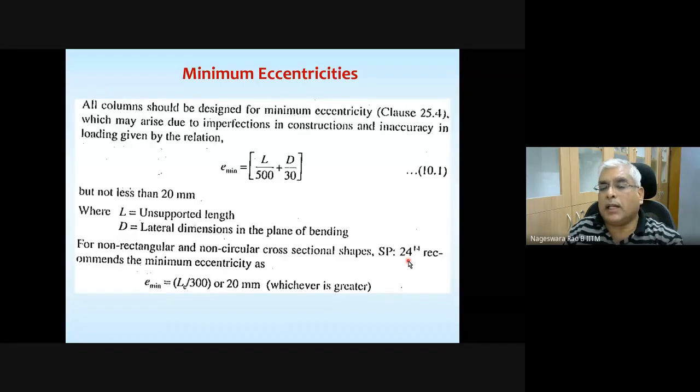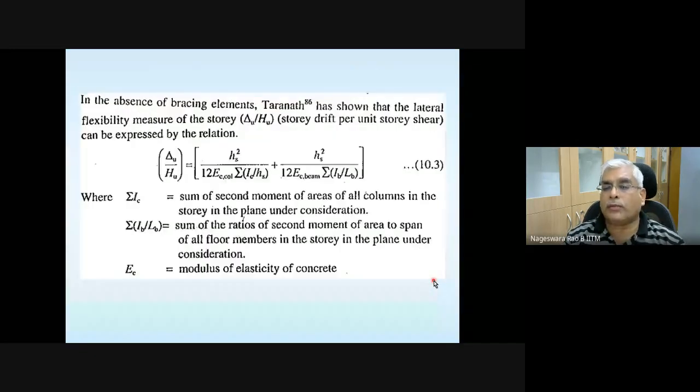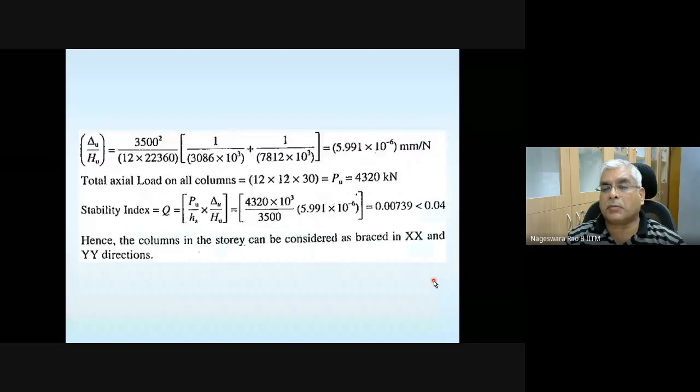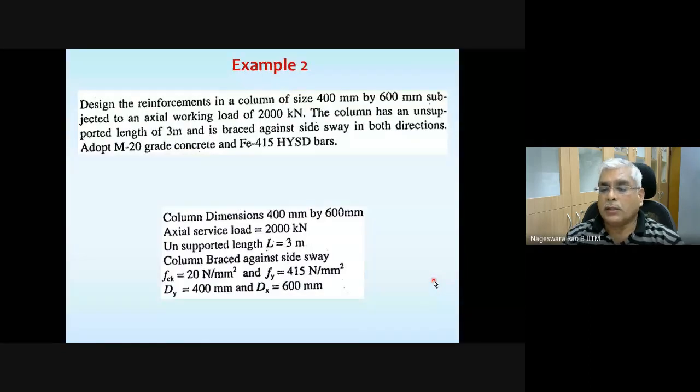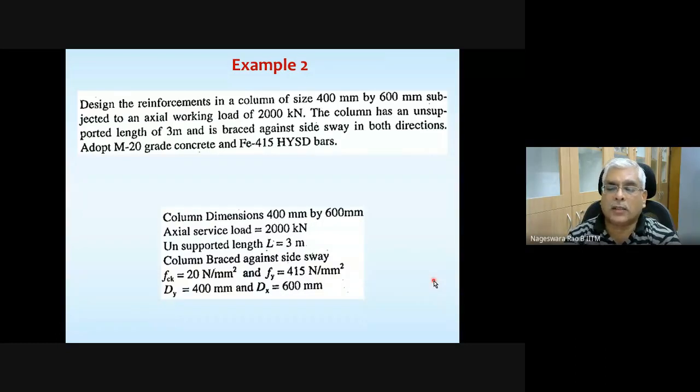So with this, let's look at a few examples, then you will understand better. So let's take an example. Design the reinforcements, please take a note of this, in a column of size 400 mm by 600 mm, subjected to an axial load of 2000 kilonewtons.